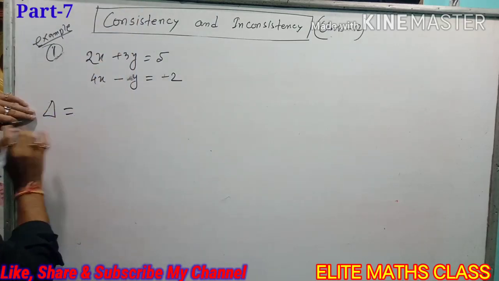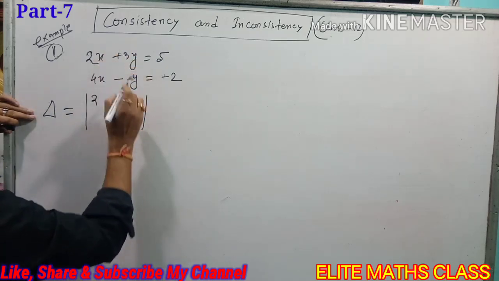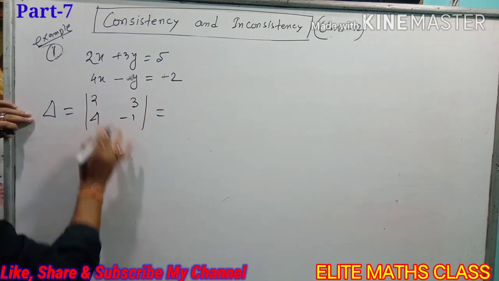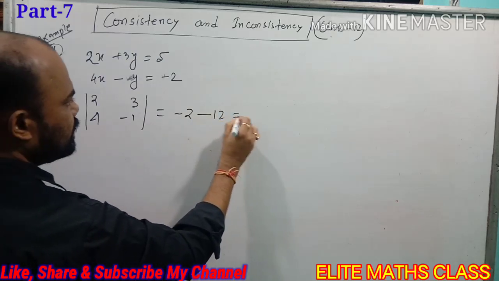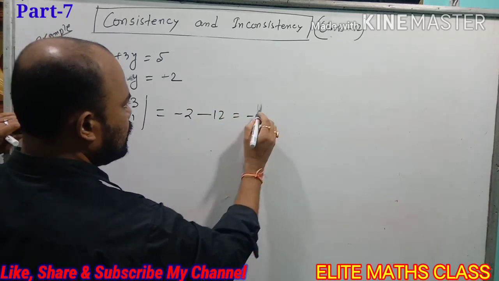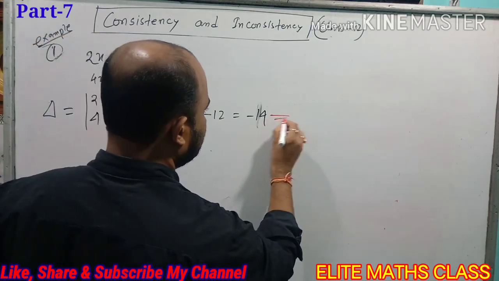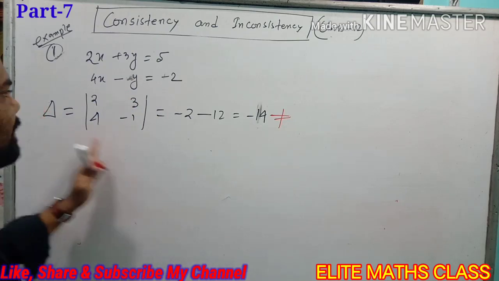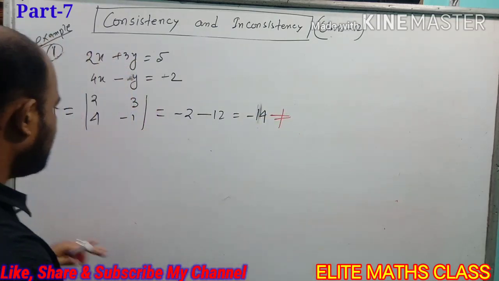So how to form del? Del is the coefficient determinant. In the first equation the coefficients are 2, 3. In the second equation these are 4, -1. Find the value. It is -2 minus 12, which is -14. The value of the determinant del is not equal to 0, so it is the same as the first condition.